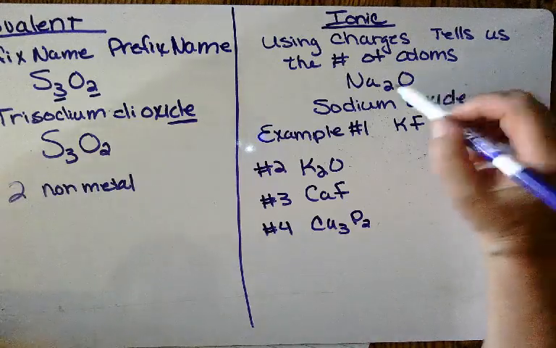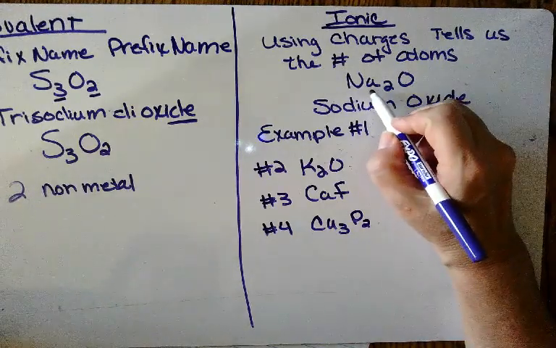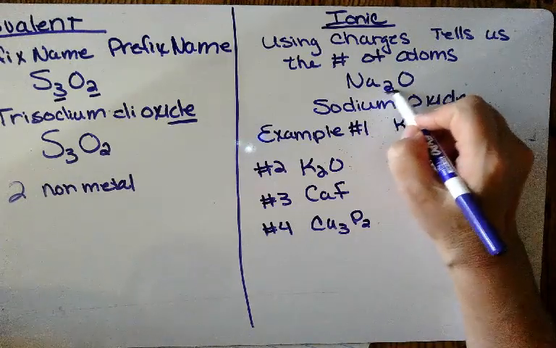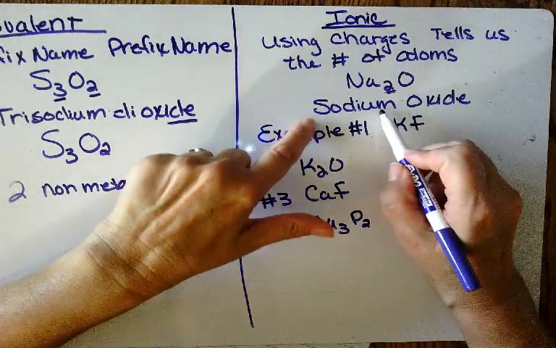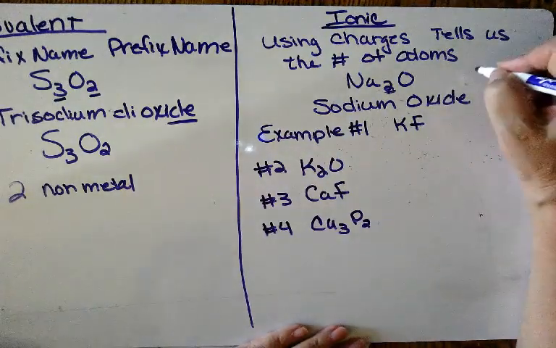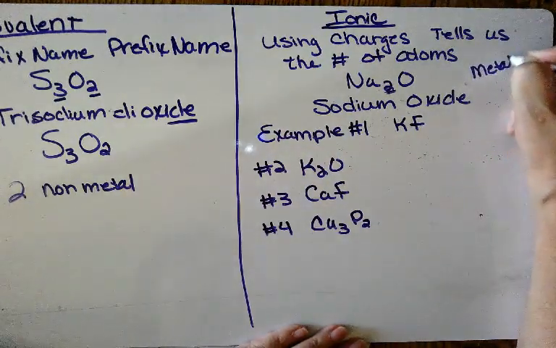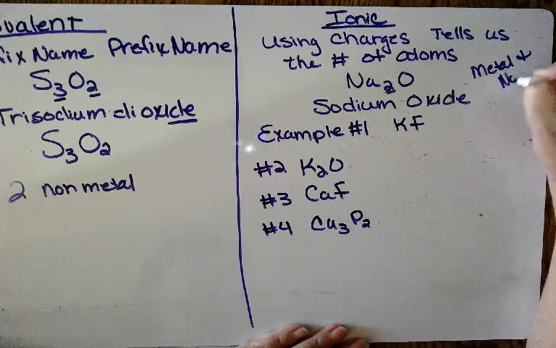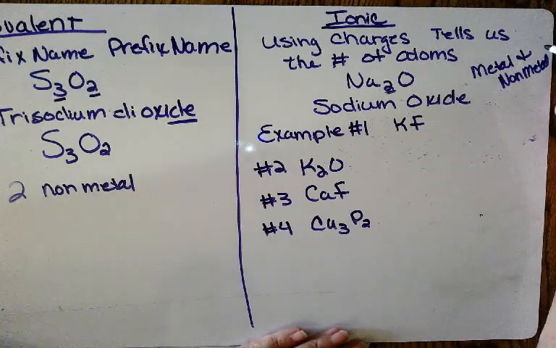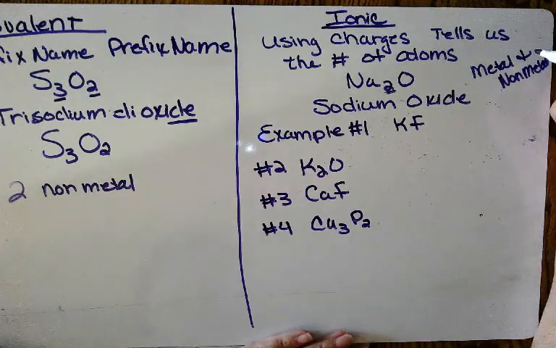So let's look at an example. Here we have 2 sodiums and 1 oxygen, but we don't need the prefix anymore, so we just write sodium oxide. Why do I know not to use the prefixes? Because I have a metal and a nonmetal, which means it's ionic. So ionics do not use those prefixes.